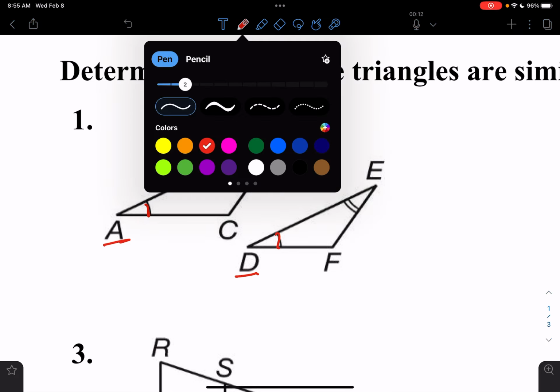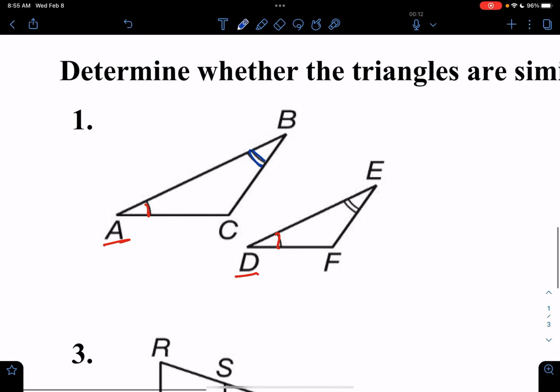And then angle B is congruent to angle E. Again, because of the markings. So I have two angles that are congruent. That means C and F are also congruent. Therefore, these two triangles are similar. How do I know? Because of AA similarity.